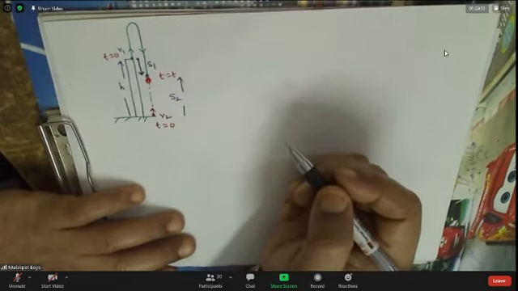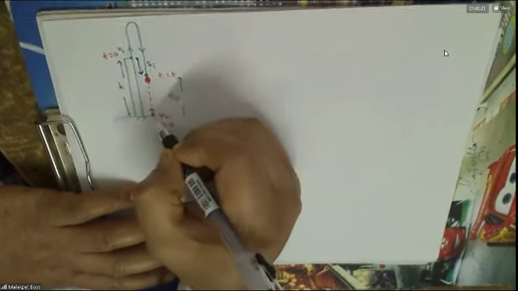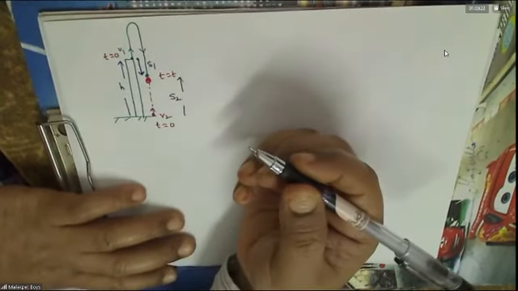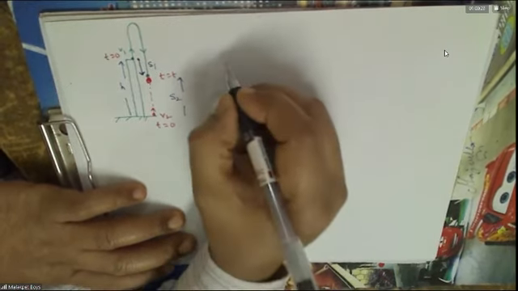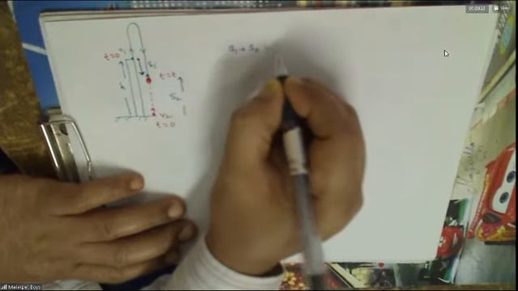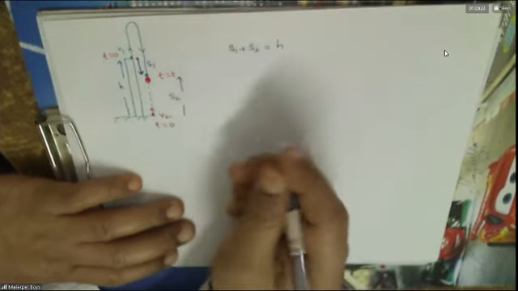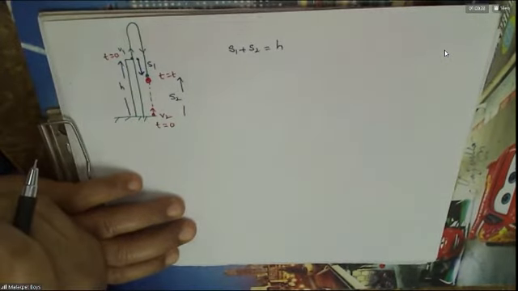For the second particle from t equals 0 to t, just join this. Any doubt? No, sir. So from the diagram, S1 plus S2 is H. Agreed? Yes, sir.